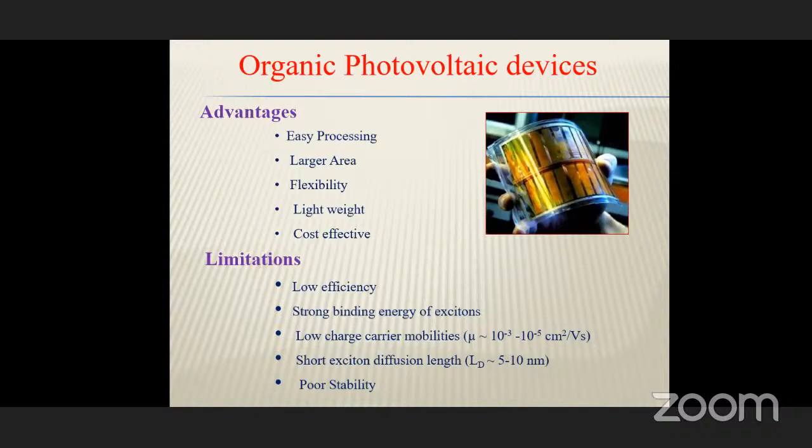But their application is limited due to low efficiency, strong binding energy of excitons, and low charge carrier mobilities, which range between 10^-3 to 10^-5 centimeter square per volt second, their short exciton diffusion length, which ranges between 5 to 10 nanometers, and their poor stability. So research is still going on to overcome these problems.